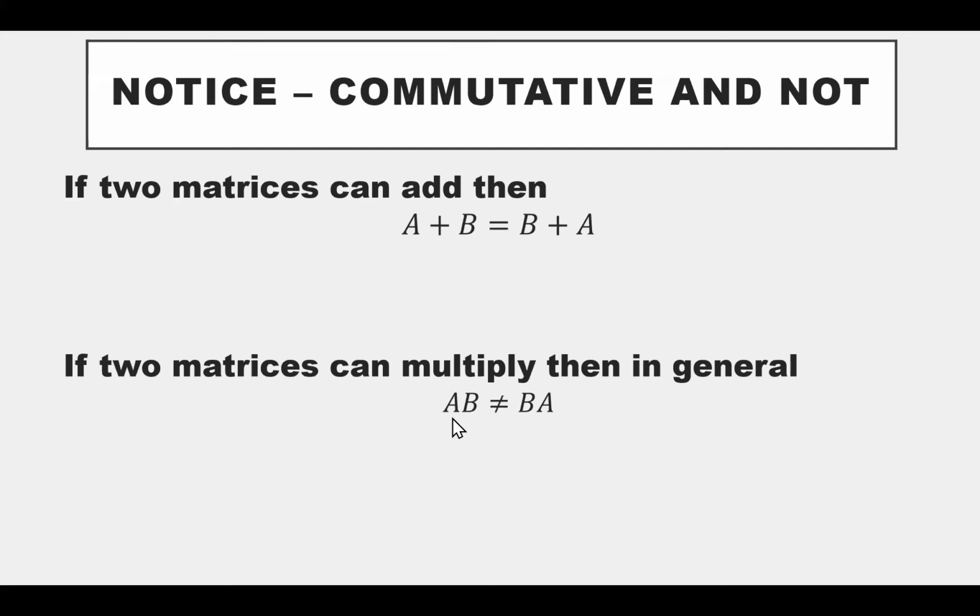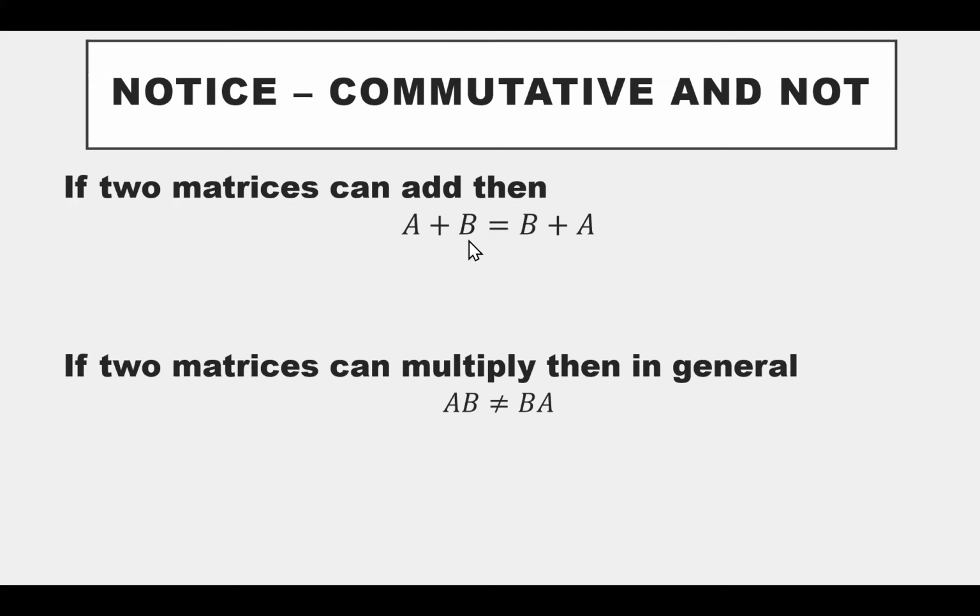So what that means is that matrix multiplication in general is not commutative. A times B, matrix A times matrix B, is not equal to matrix B times matrix A. That's what we're stating right here. However, when we did the addition, that was commutative.